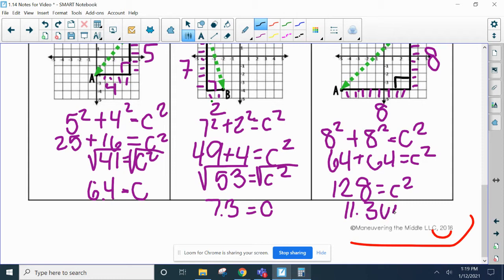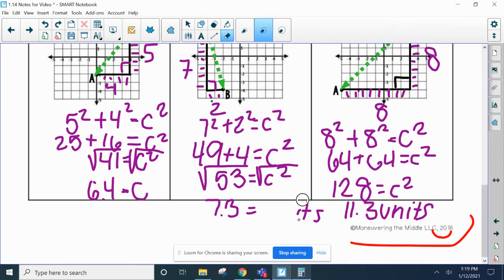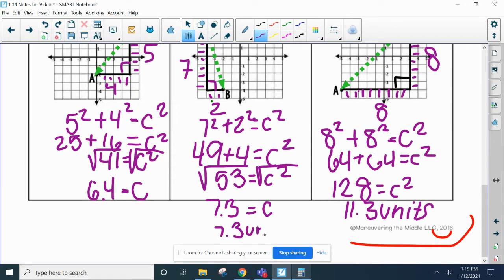And this is all in units because they did not give us each block representing an amount. So 11.3 units. So that is our length. So you would say that distance you get 11.3 units.